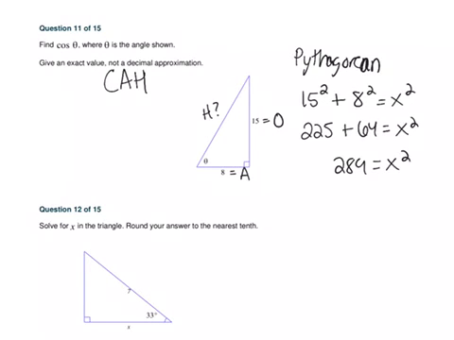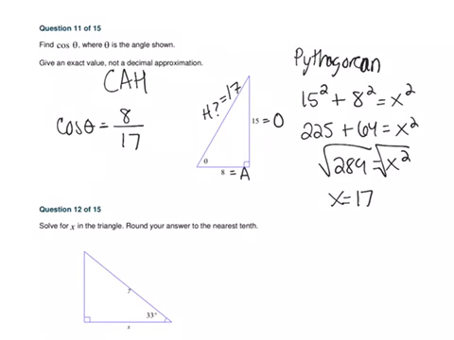And remember, in order to get rid of a square, you square root. So if we second x squared 289 on our calculator, then we should get x is 17. Now that we know the hypotenuse is 17, we can write our answer. We would say cosine of theta equals, the adjacent is 8, and the hypotenuse is 17.